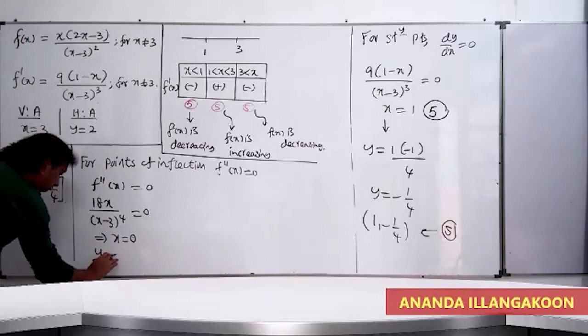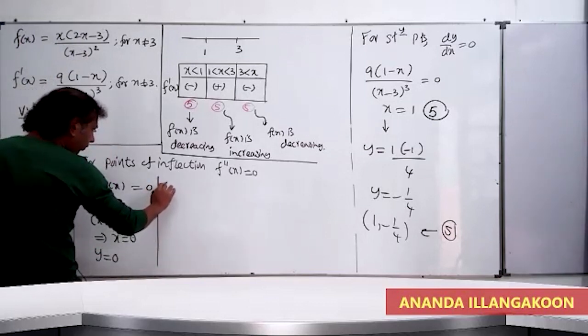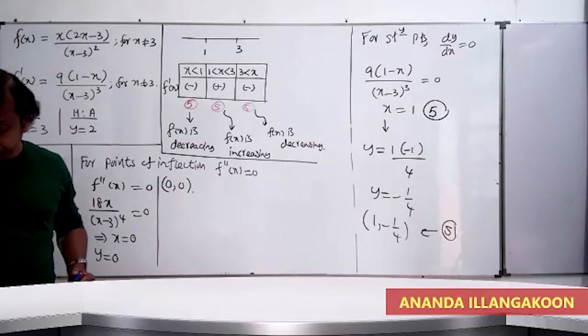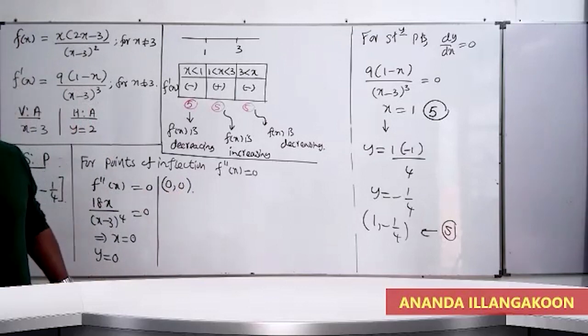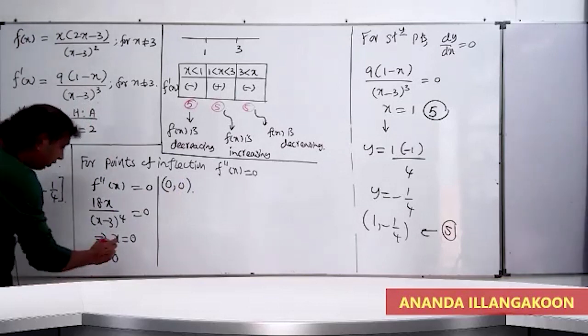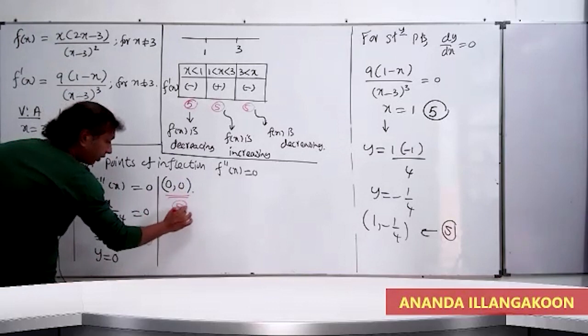The y coordinate is 0. Therefore, point of inflection at 0, 0. Getting this one 5 marks and writing the point of inflection this way, another 5 marks coming.